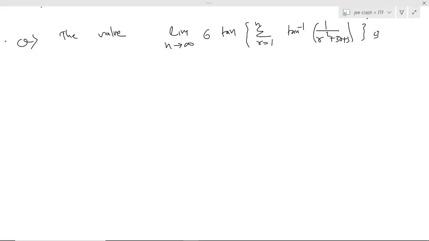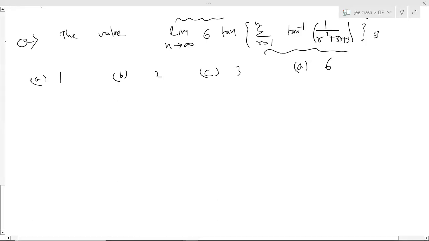Options: 1, 2, 3, 6. Even if you're confused about this limit thing, do not worry about that. Just simplify this, you'll get the answer automatically. I'll give you a few minutes.